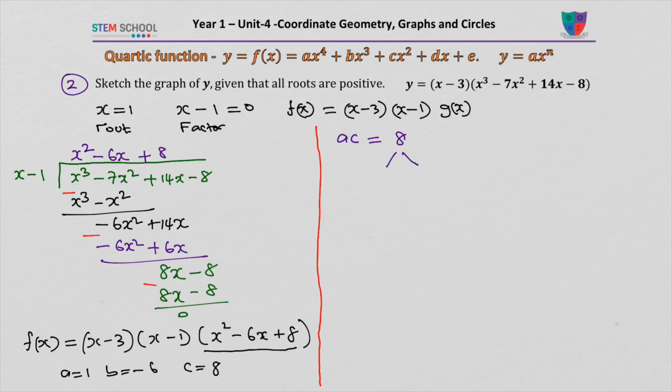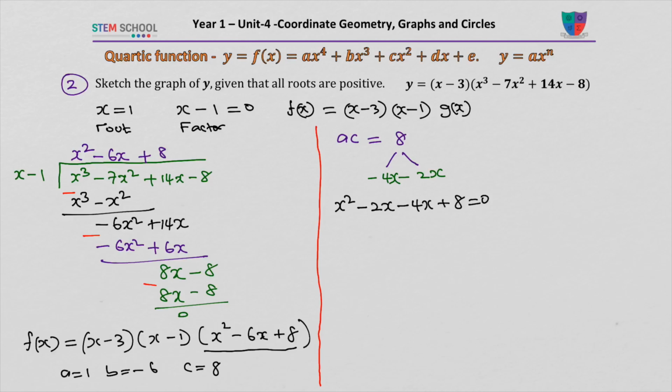So if I have minus 4 and minus 2 and add x at the end, minus 4x minus 2x will give me minus 6x. So I can replace that with these two numbers, and then I'll get x squared minus 2x minus 4x plus 8, which equals 0.